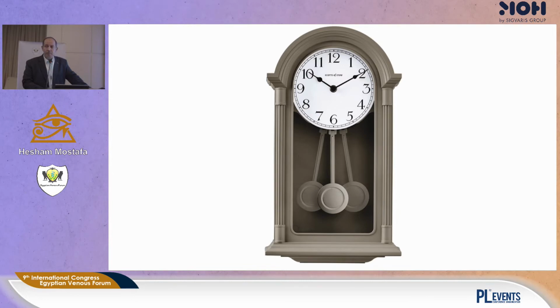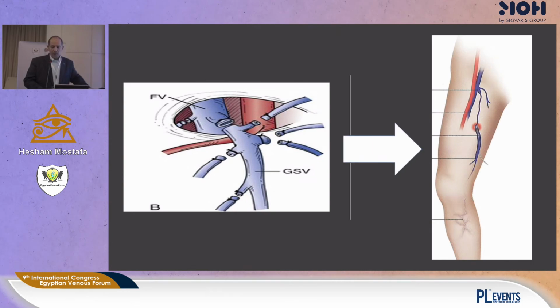Actually, the pendulum shifts from open techniques with all modalities, avulsion and closure of the cribriform fascia, to a more conservative one, which is endovenous ablation.